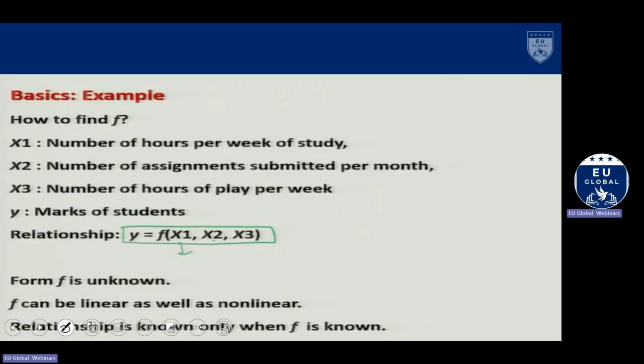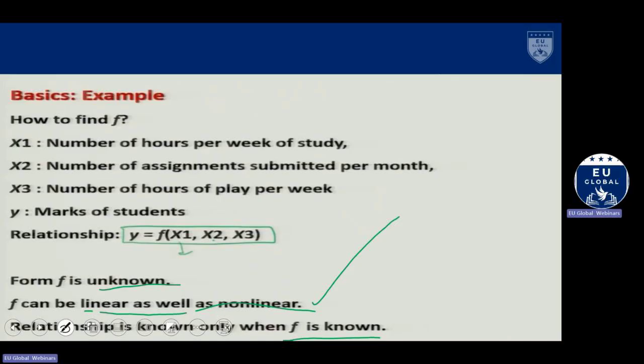So we can see over here, the form of F is unknown. F can be linear as well as non-linear. The relationship is known only when F is known.